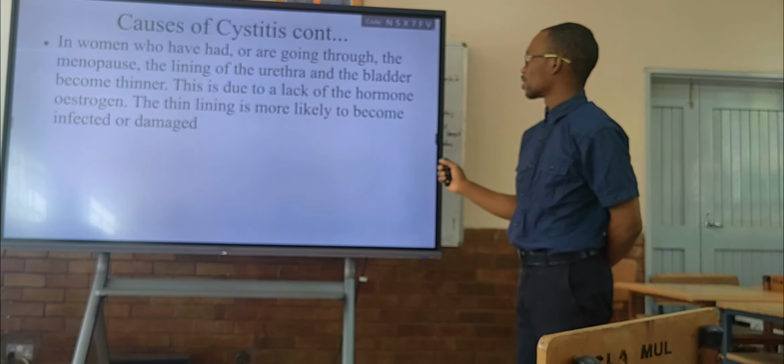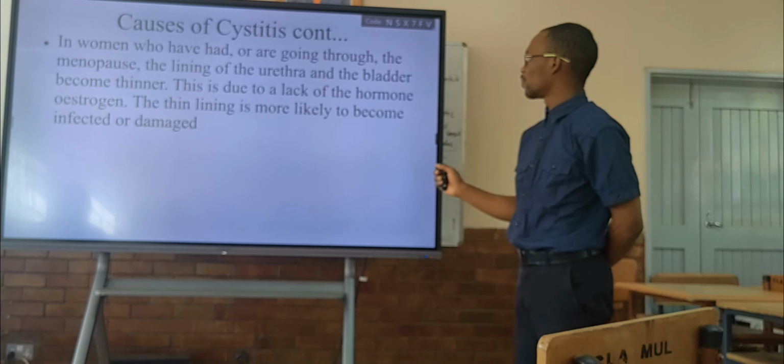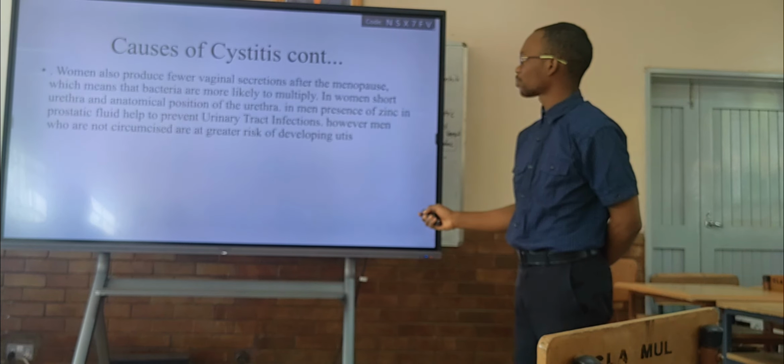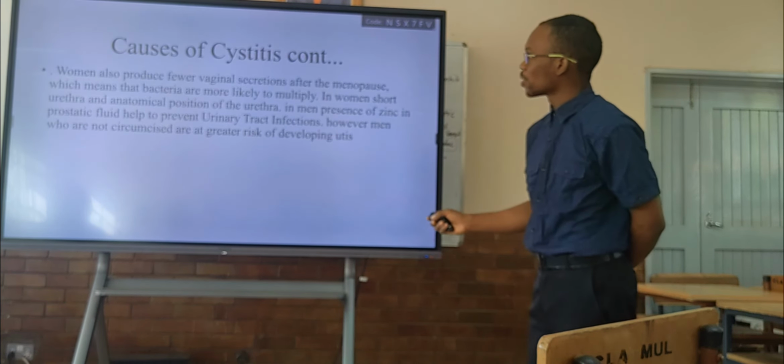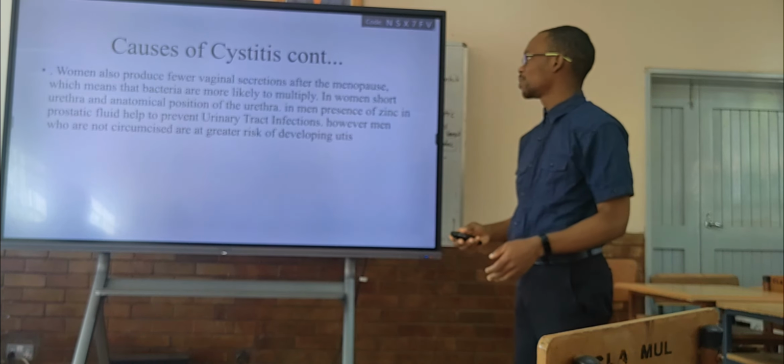This is due to lack of the hormone estrogen. Then this lining is more likely to become infected or damaged. Women also produce fewer vaginal secretions after the menopause, which means the bacteria are more likely to multiply.